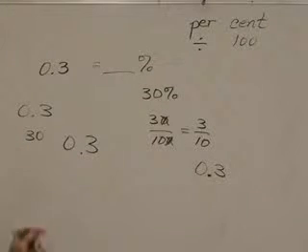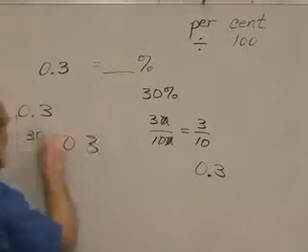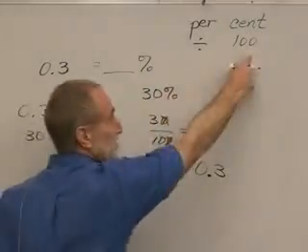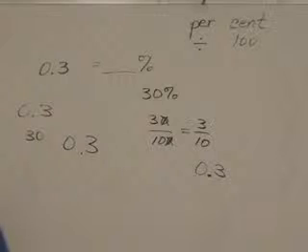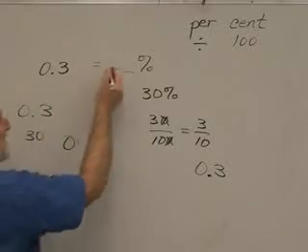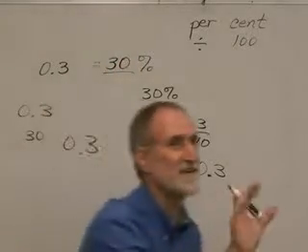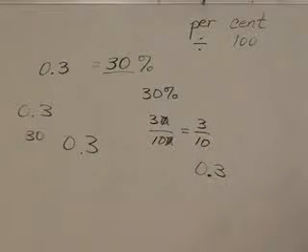But if I put the percent after it, I've just multiplied it by 100, and now I'm going to divide it by 100. If you multiply something by 100, and then you divide it by 100, you've left it the same, haven't you? So 0.3 is not the same as 30, but it is the same as 30%. Okay? So be really careful.